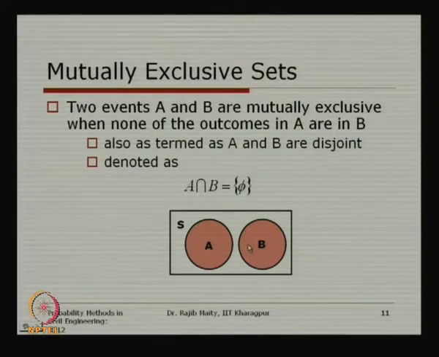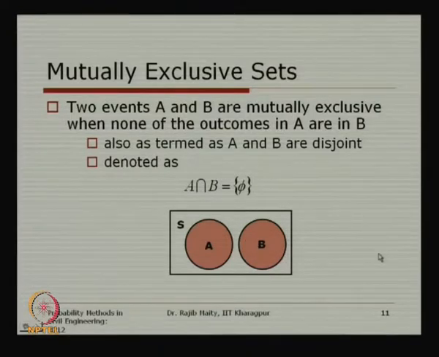If I take the intersection between A and B, this symbol is the intersection, that means the intersection is a null event where there is no element in this part. So if these two are completely separated, there is no overlap area, and these two events are known as mutually exclusive events.